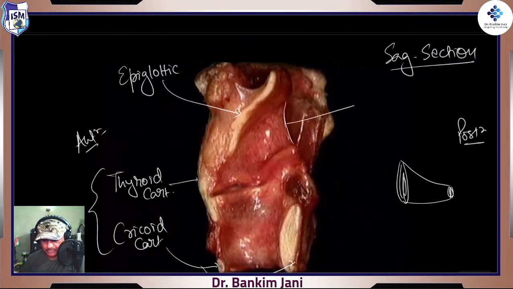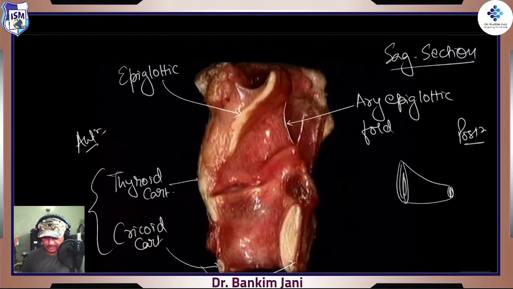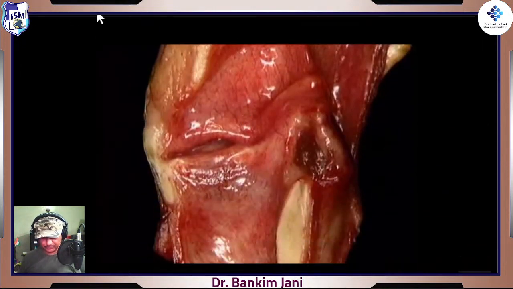Right now you just trust me that this is the epiglottic fold, because we have not yet done darshan of arytenoid cartilage. We have just seen cricoid and thyroid. So this is like guesswork that this is a fold. Okay. Let's add.